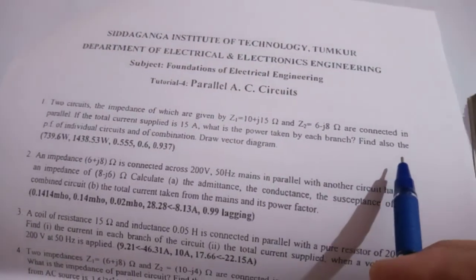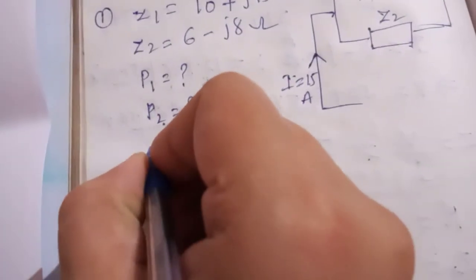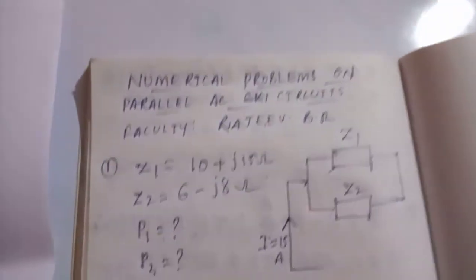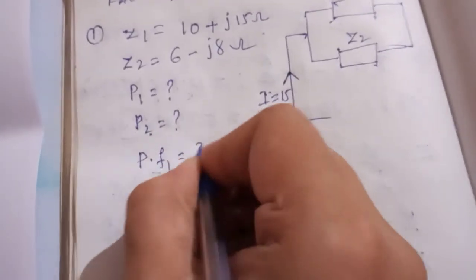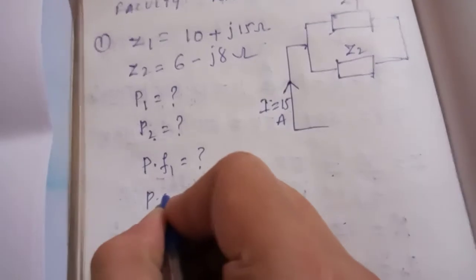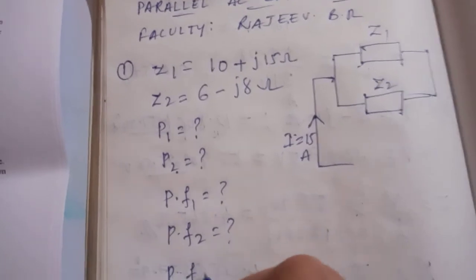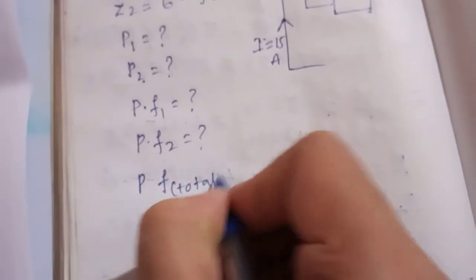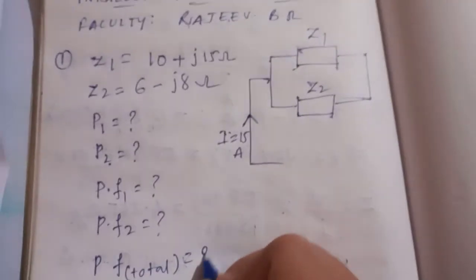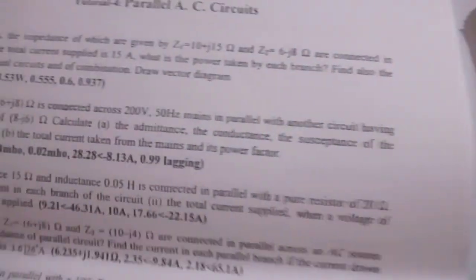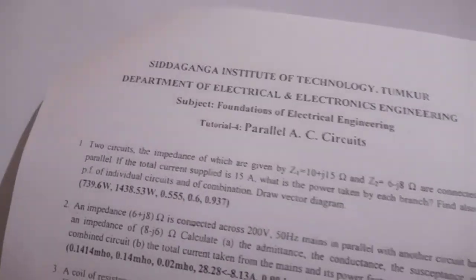Find also the PF of the individual circuits: PF1 and PF2. And also the total PF of the combination I have to calculate, and draw the vector diagram. We shall see the vector diagram later.